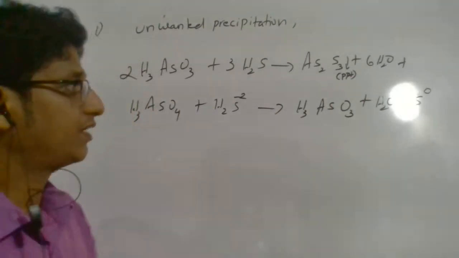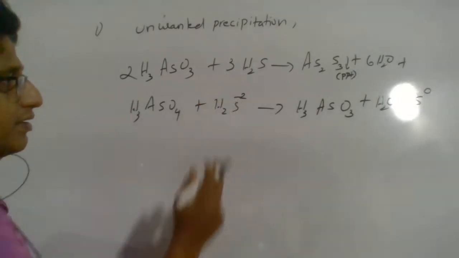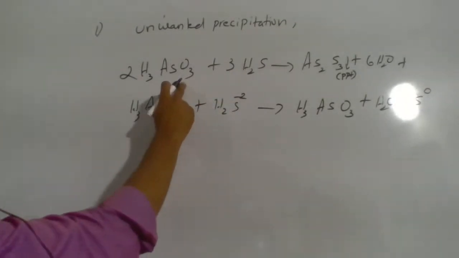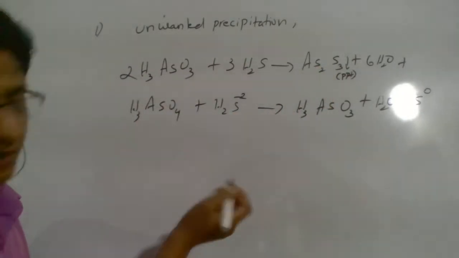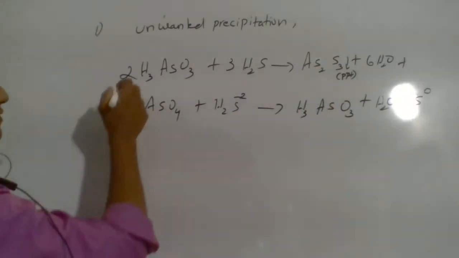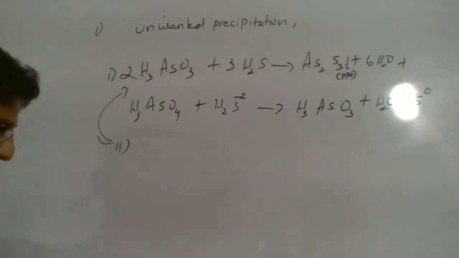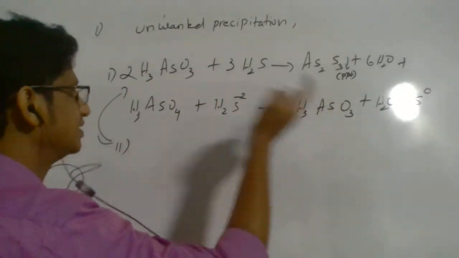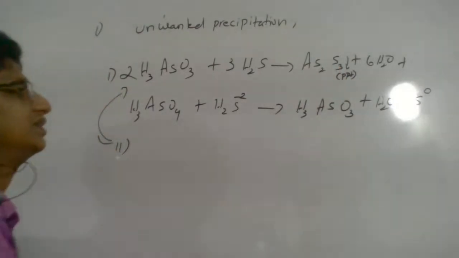So AsO3 3- is forming, and that reaction we have already written, right? Once AsO3 3- is formed, it combines with hydrogen sulfide to form arsenic sulfide and water. So the second step is again the first step. The only difference is arsenate is first converted into arsenite, then it again combines with hydrogen sulfide to form arsenic sulfide.